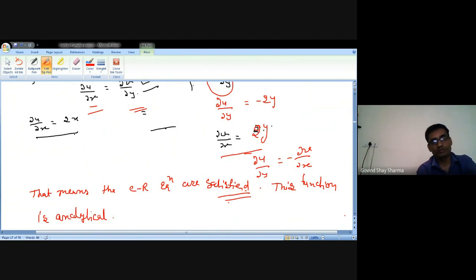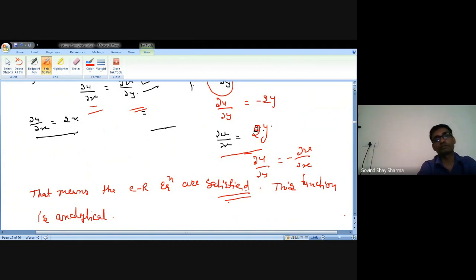For analytical function, we discussed the Cauchy-Riemann equation. What is the Cauchy-Riemann equation? Del u upon del x is equal to del v upon del y, and del u upon del y is equal to minus del v upon del x.